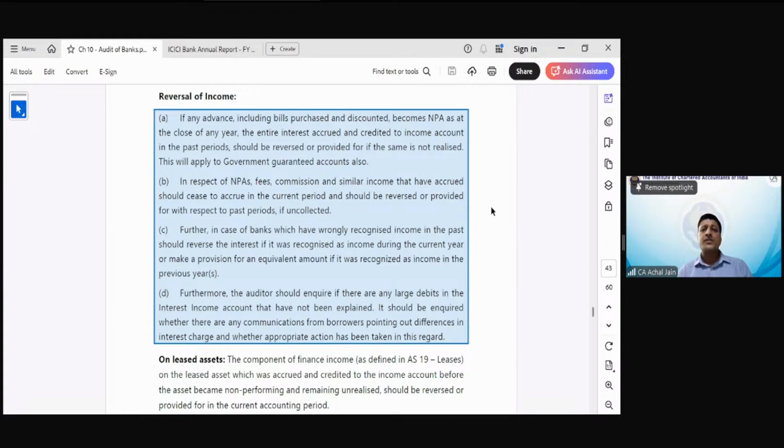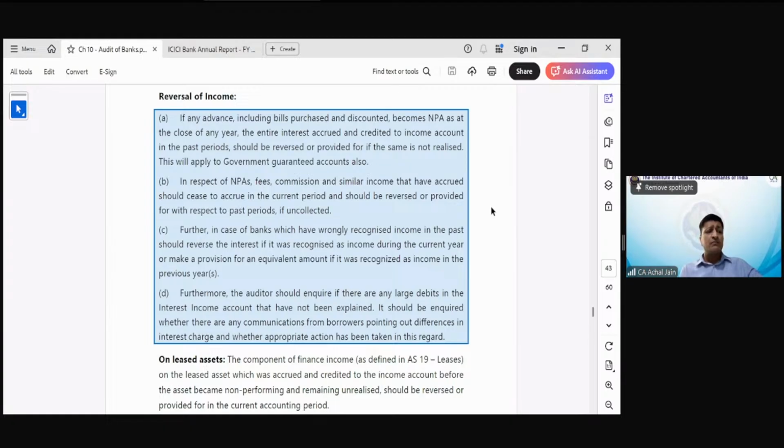Shreya says yes. Okay. Now, let's suppose up to 31st of December, the interest on such advances is say rupees 60 crore. Let's suppose 60 crore has been recognized.